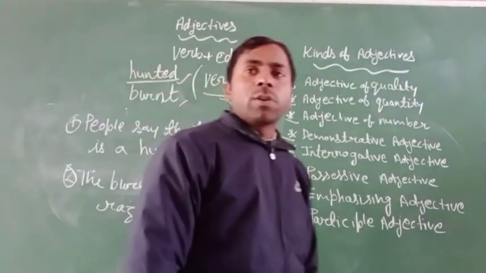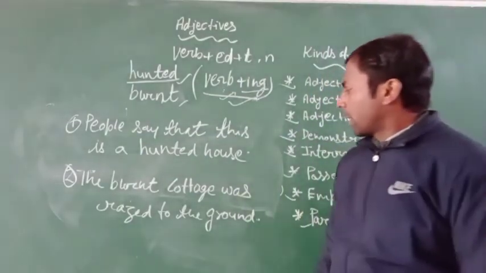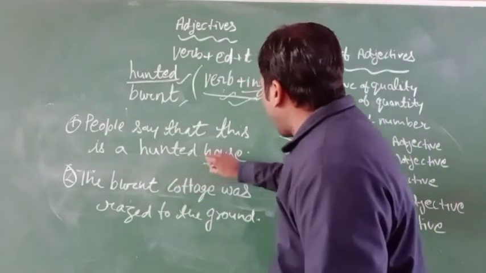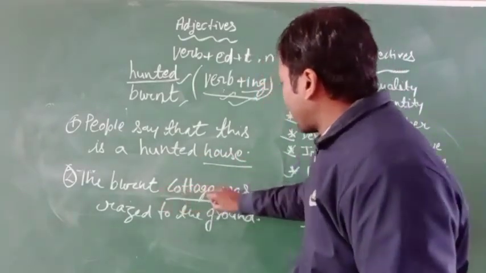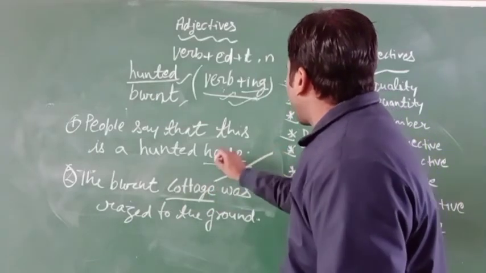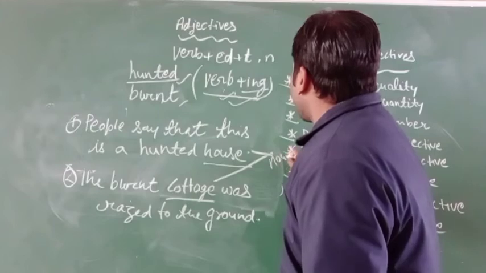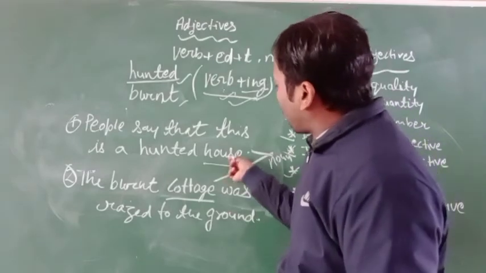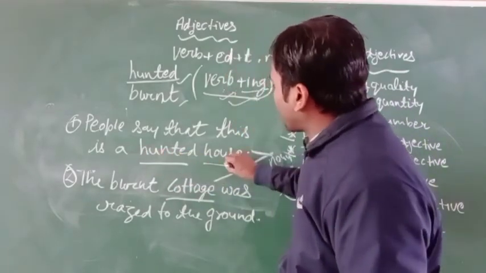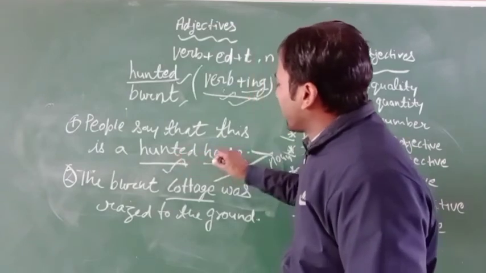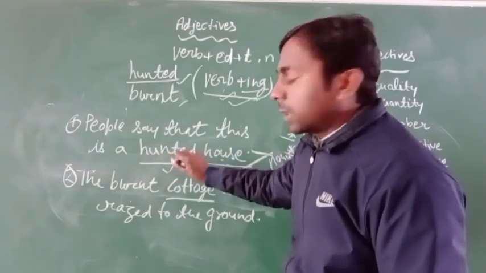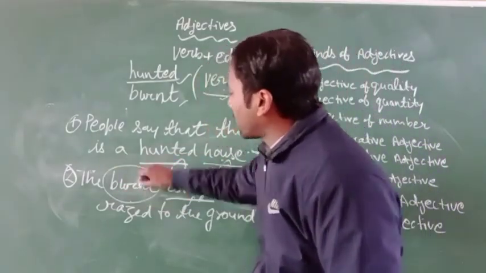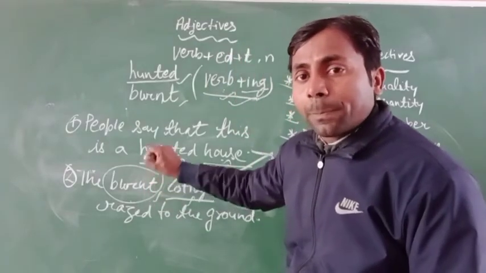In both sentences you can see the word house and the word cottage. Both are noun words. And before these words, what kind of house? The house was haunted. This word tells us more about the house. And what kind of cottage? The cottage was burnt.